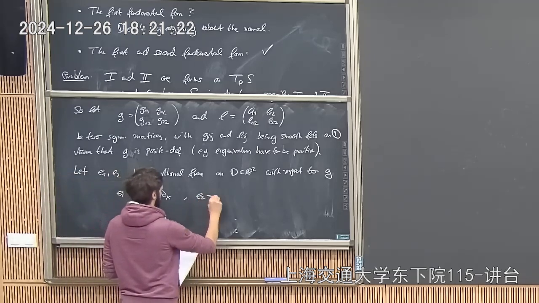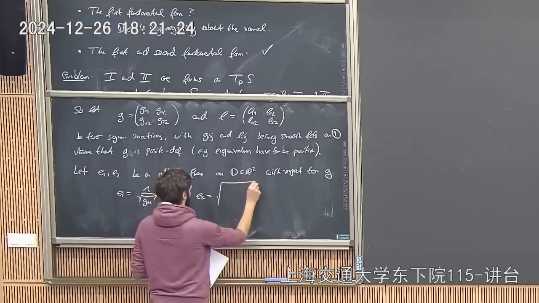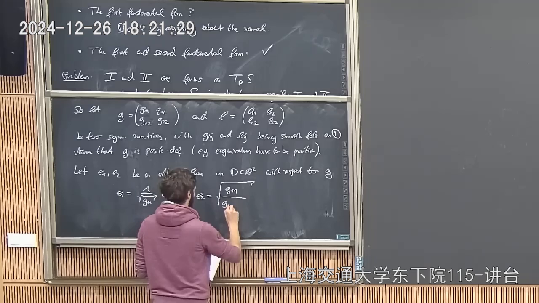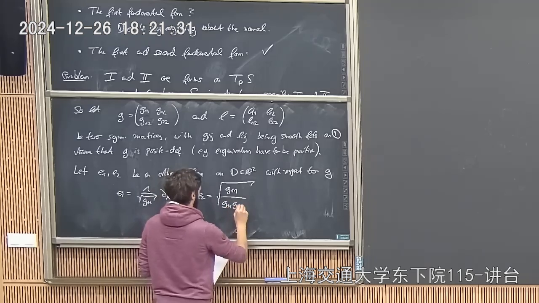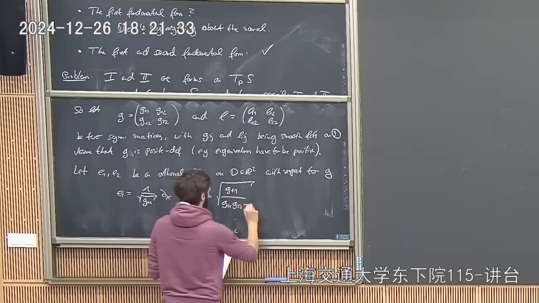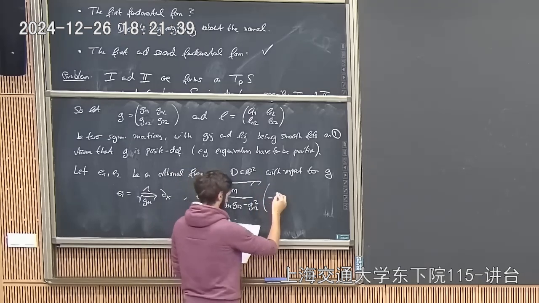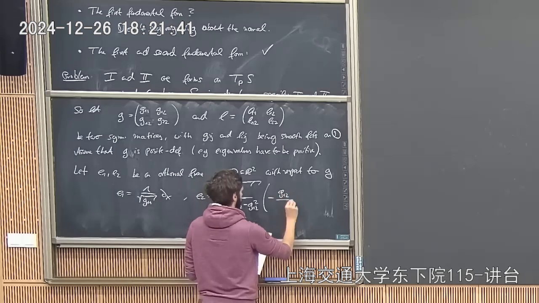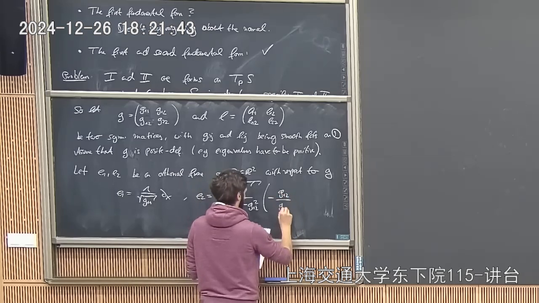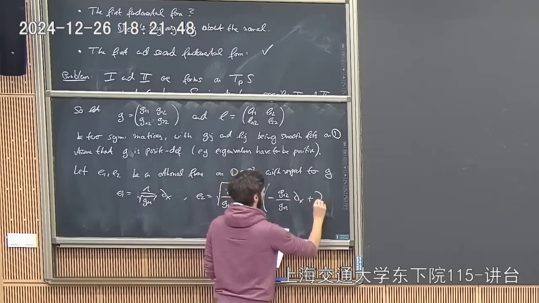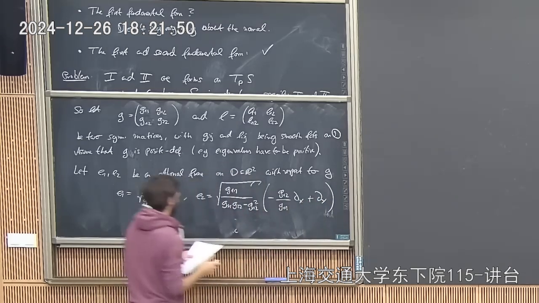E2 is a bit more complicated, and if you think about it, you end up with the following formula, which is not so important, but the point is that there is a formula that tells you, in terms of G, how to get a local frame, E1 and E2.